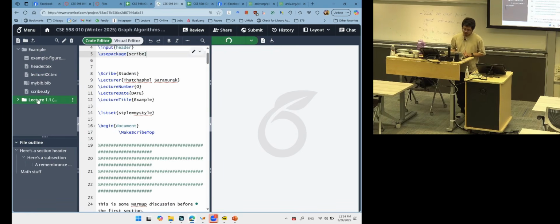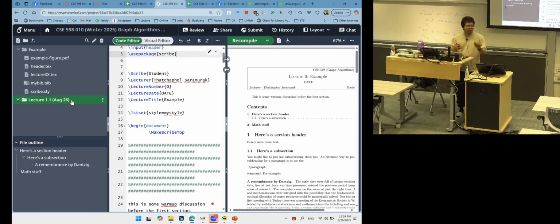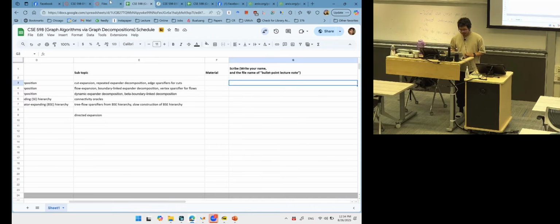If you want to scribe the first lecture, then you make a folder here with the date, and then you scribe.